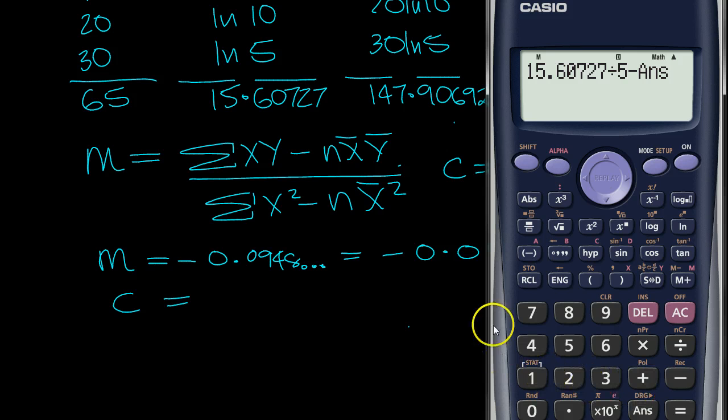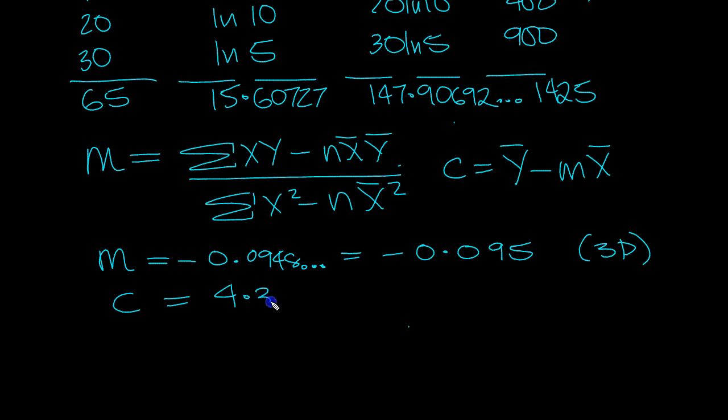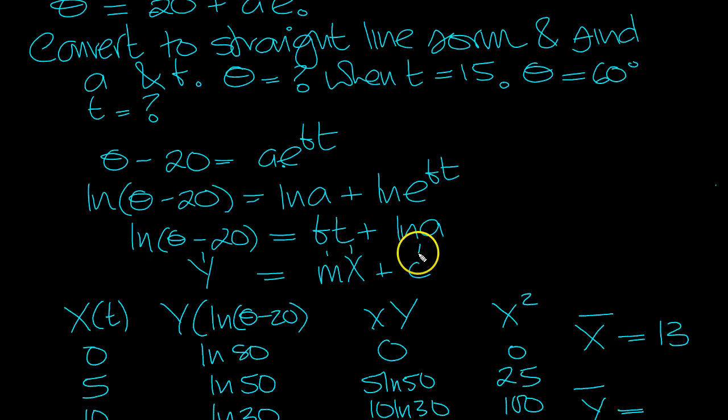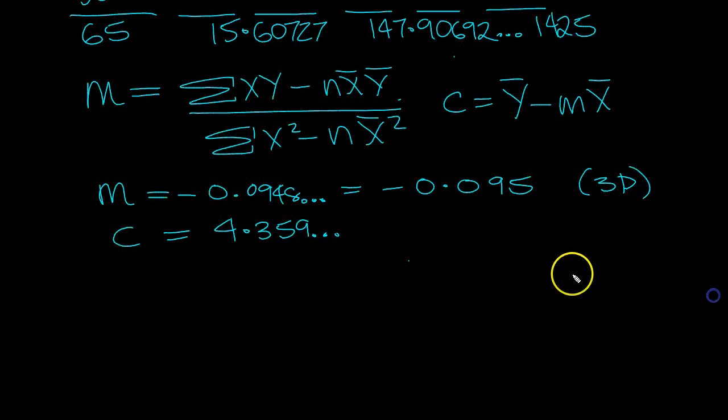Minus a negative answer makes that a plus, times x bar, which is 13. 4.359. So c is equal to 4.359. Now what does c correspond to in the problem?